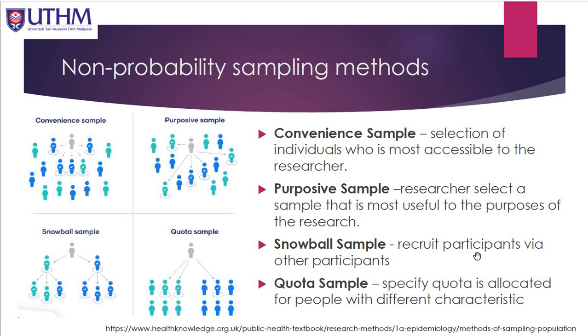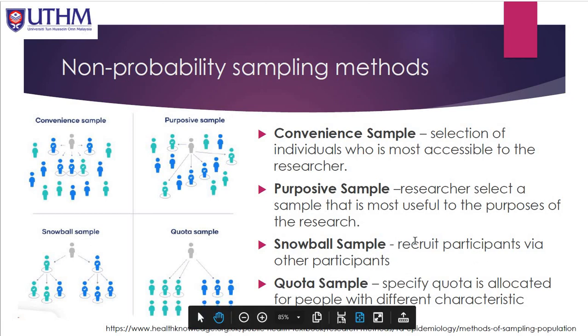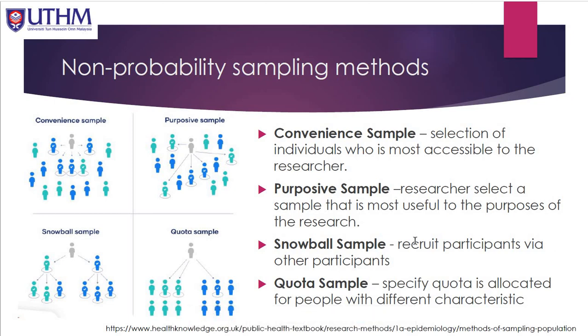Snowball sample, recruiting participants via other participants. Maybe you say, I want to do some questionnaire, can you help me pass it to your friend? You just send to anyone. You didn't target the group. Who should you target?